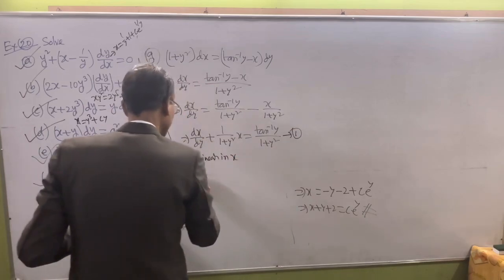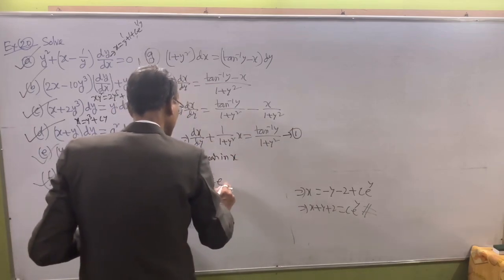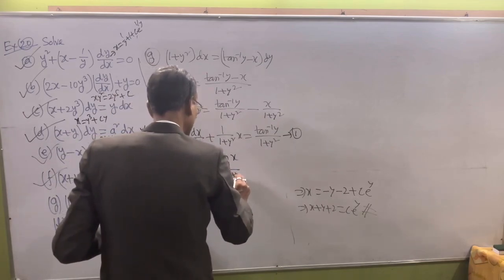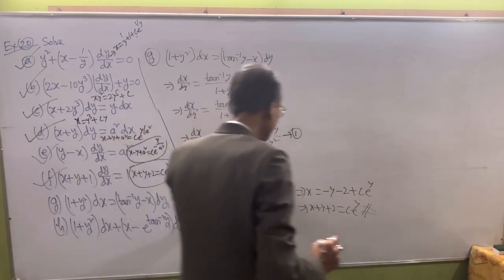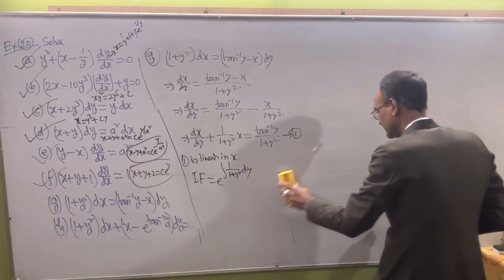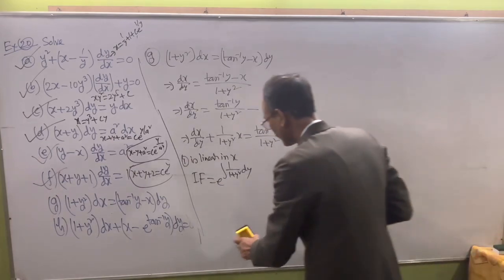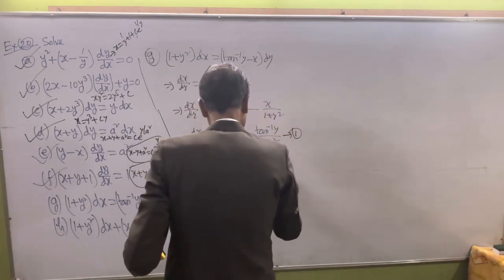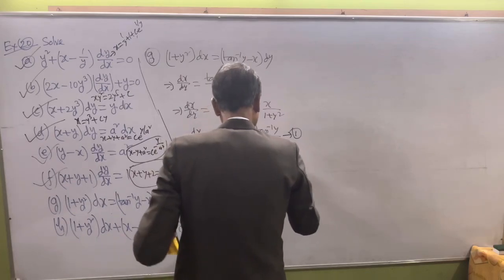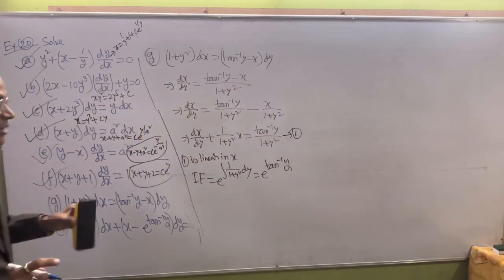Integrating factor equal to e to the power integral p dy. This is equal to e to the power tan inverse y.